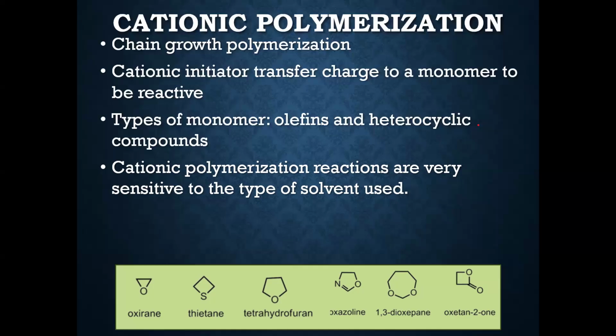But if the solvent has an ion which will trap the carbonium ion, the initiator, the reactive monomer, the reaction will be terminated before it starts. So it's very important to be careful while choosing the solvent.